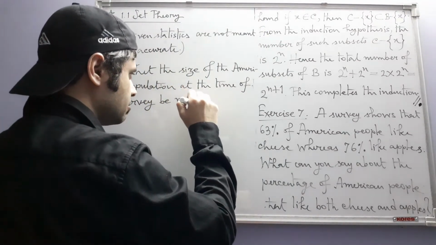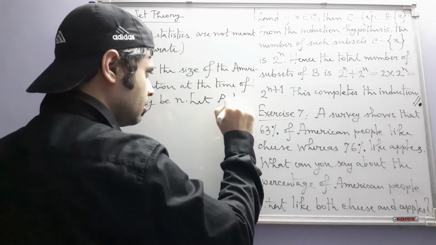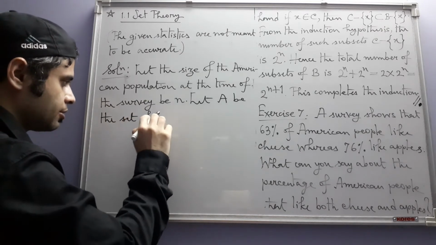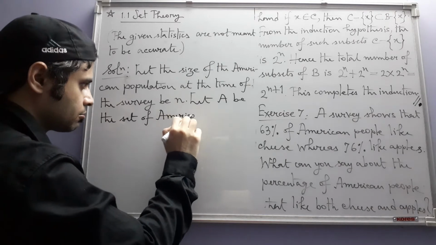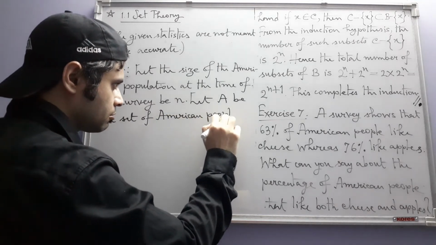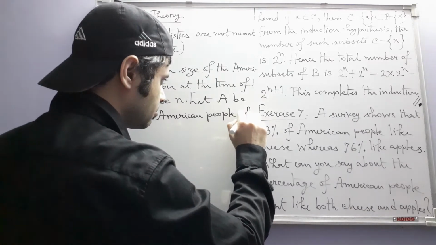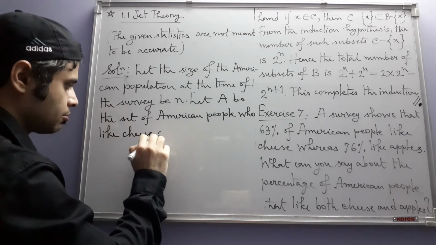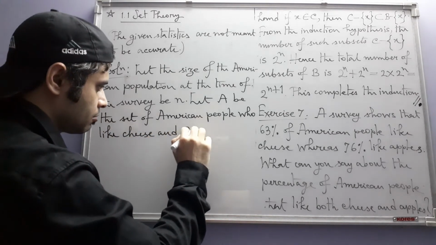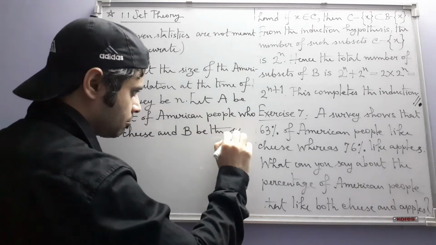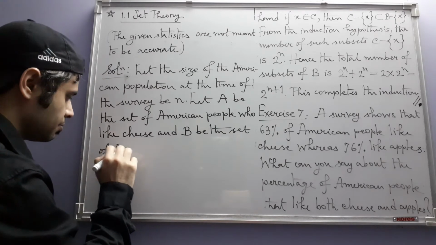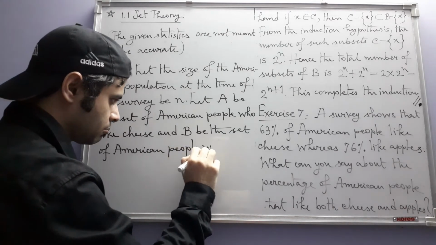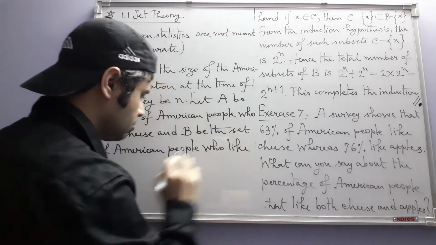Let A be the set of American people who like cheese, and B be the set of American people who like apples.